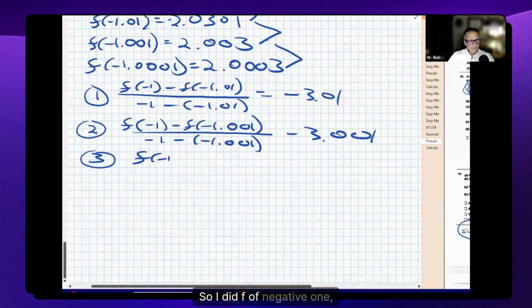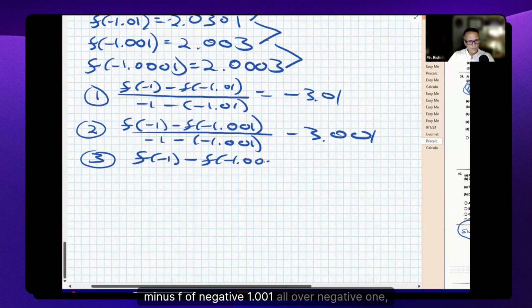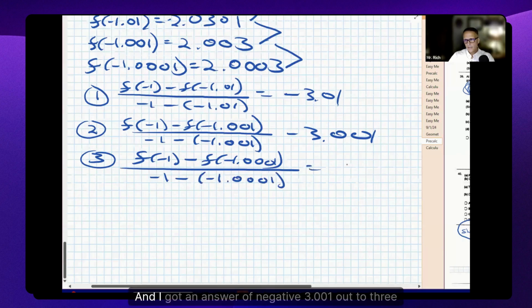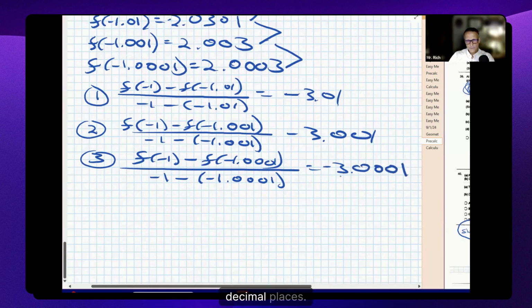So I did f of negative 1 minus f of negative 1.0001 all over negative 1 minus negative 1.0001, and I got an answer of negative 3.0001. Out to 3 decimal places, I have an answer of negative 3 as my rate of change at negative 1.